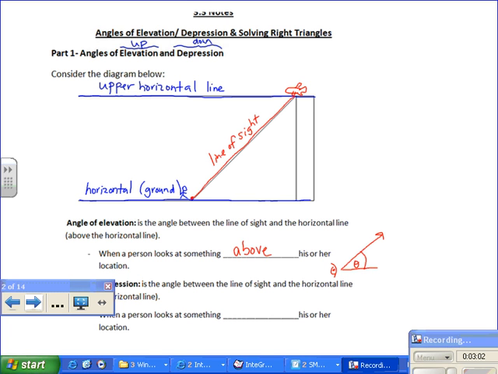And on our diagram, it is going to be the angle between the line of sight, which is our diagonal line, and the lower horizontal line, or in other words, the ground. So this is our angle of elevation right here.